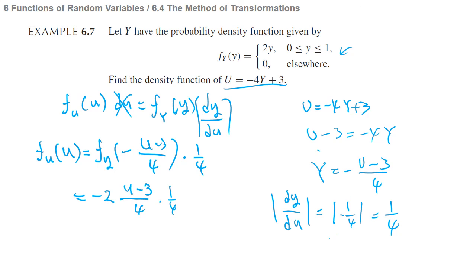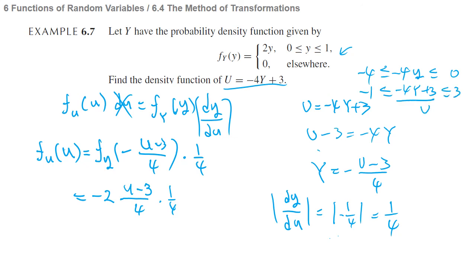And minus 4y is minus 4 to 0, and minus 4y plus 3 is minus 1 to 3, and this is u.